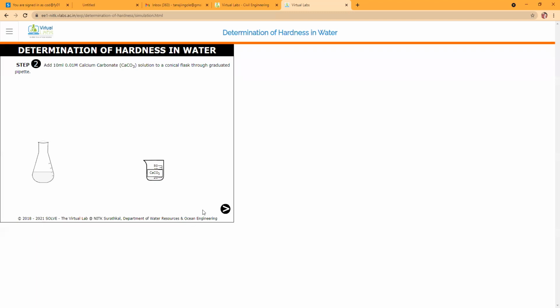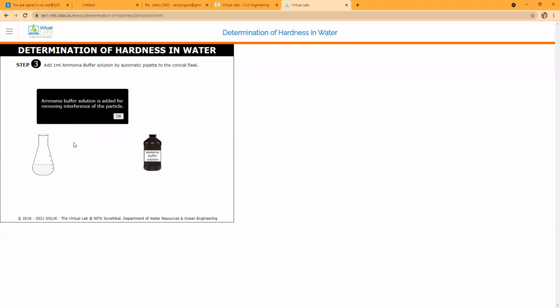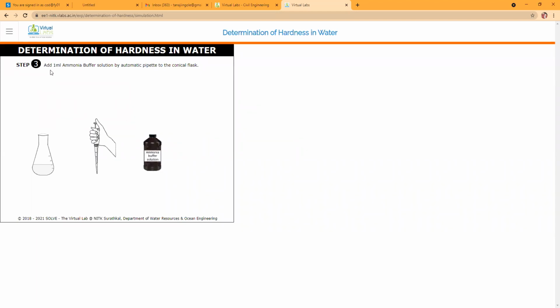After filling calcium carbonate, ammonia buffer solution is added for removing interference of the particles. Add 1 ml of ammonia buffer solution by automatic pipette to the conical flask.